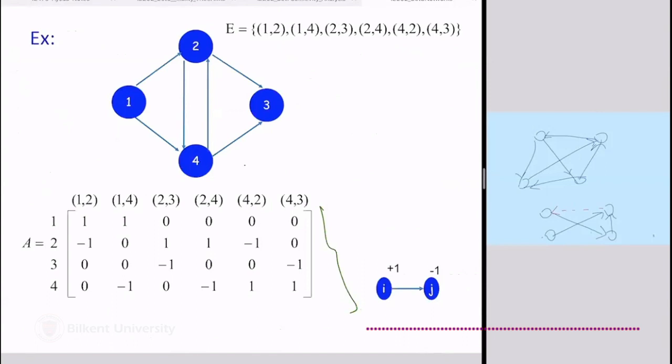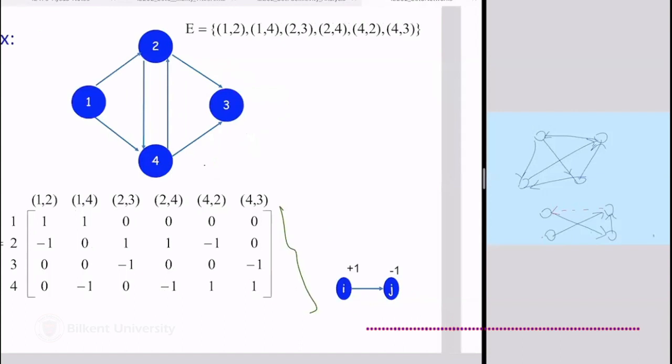My number of nodes is 4. Up until now in our simplex algorithm, we had m basic variables, right? But now my mth row can be a row of zeros. Just add them up. So the matrix cannot have m as its rank.